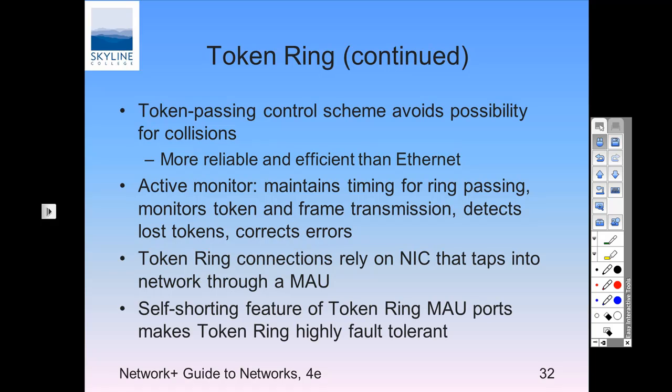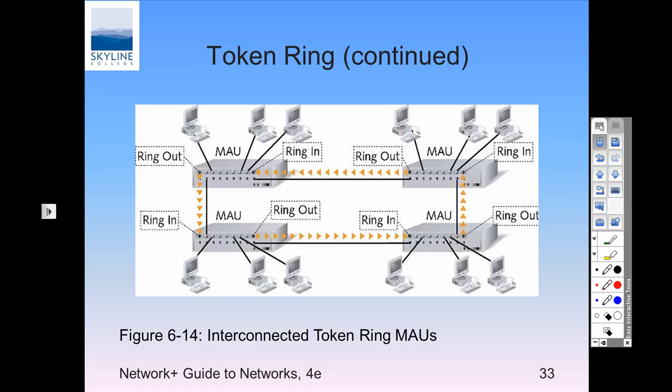The MAU, we've talked about, is the self-sorting feature of the token ring. MAU ports make the token ring highly fault tolerant. Each of the devices has a ring in and a ring out port. It's kind of like an uplink port for connecting two devices together in Ethernet, although you don't have to worry about which is ring in and which is ring out, because it's got to go in a single direction.